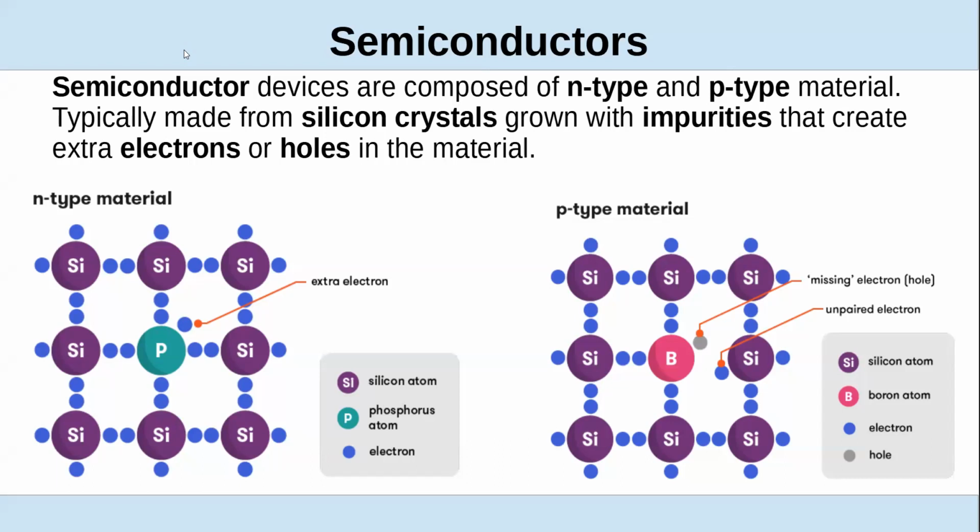If you remember when we talked about the free electrons in material, the valence electrons on the outer shell that weren't tightly bound, they discovered that if they took a material like silicon, which is normally not a conductor, and introduced some impurities, typically boron or phosphorus, they could create a material that had either excess holes or excess electrons. So it was either a positive charge or a negative charge.